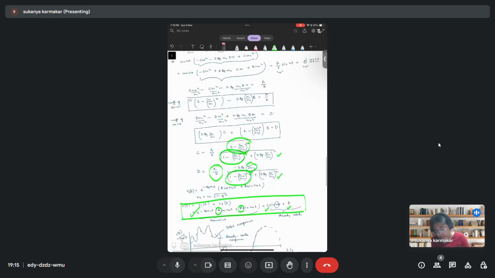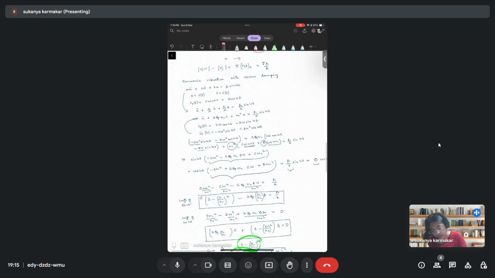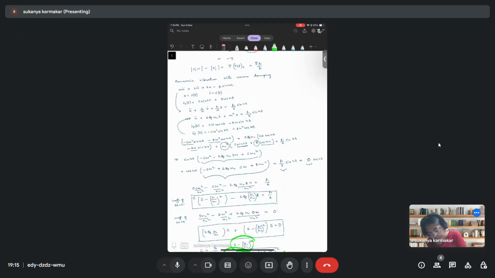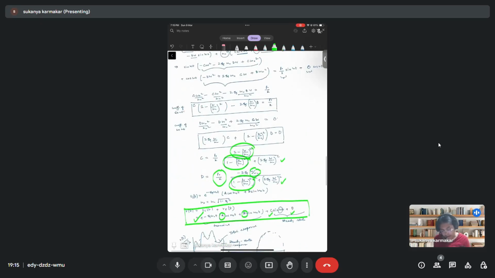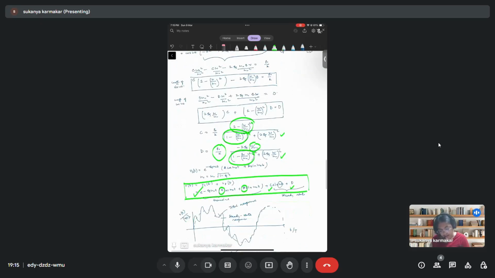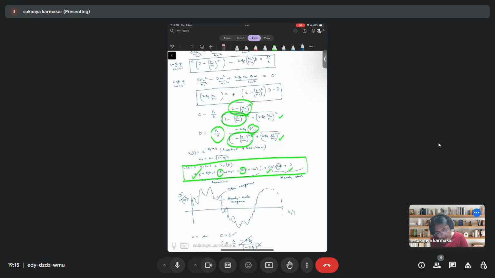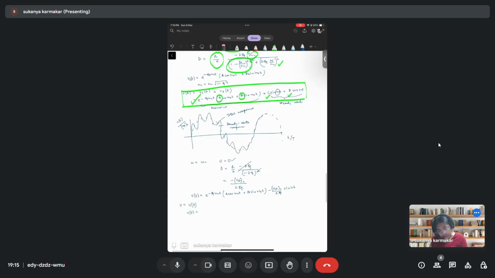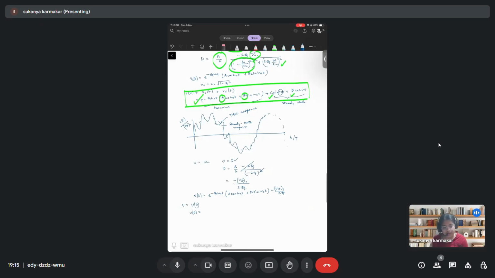Your particular solution was of the format c sine of omega t plus d cos of omega t. So when I'm writing it here, it should be c sine of omega t plus d cos of omega t. Here I'm substituting the value of d, which is minus ust naught by 2 zeta into cos of omega t.